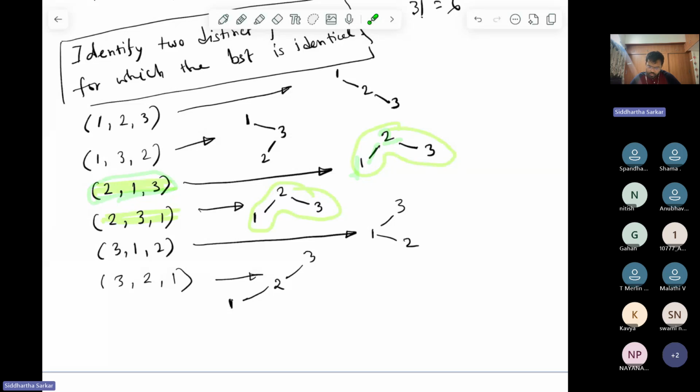Then we have 3, so you will keep it here. Ideally, you would like to make it as balanced as possible, so to take care of balance, we'll put 3 here. Any other questions?